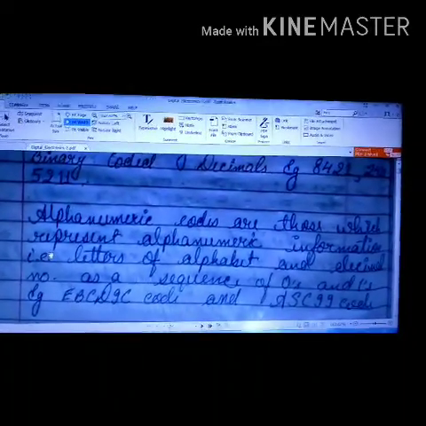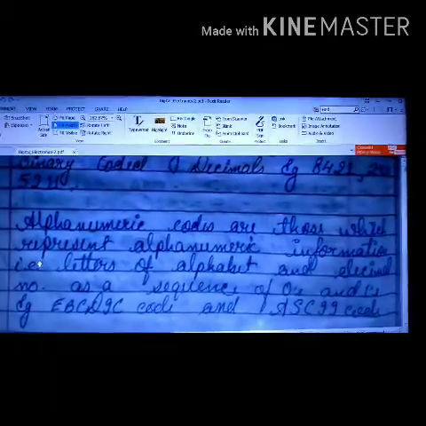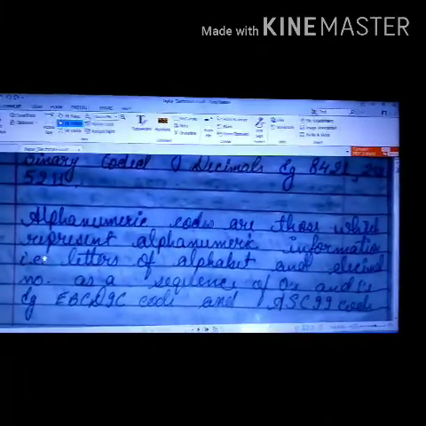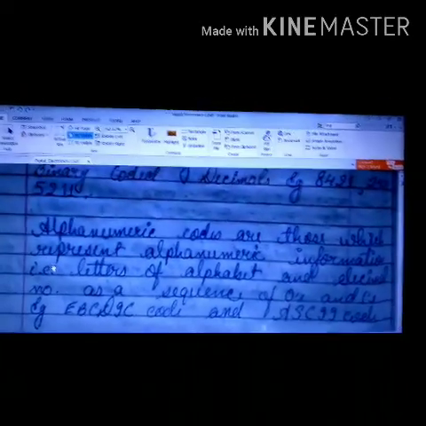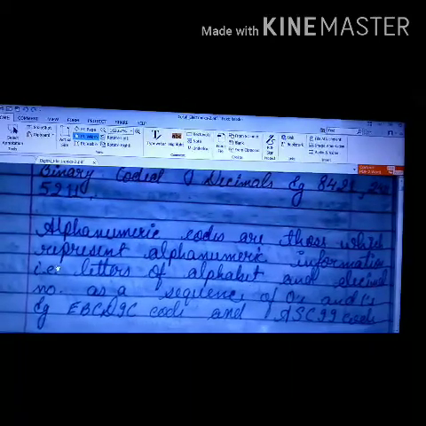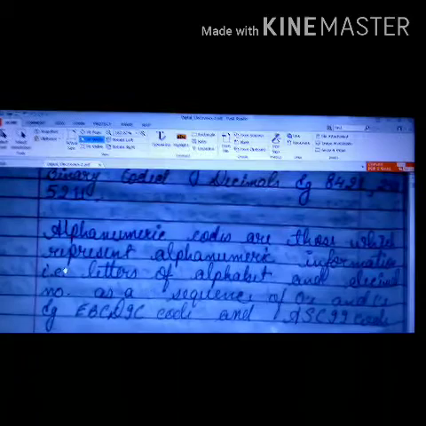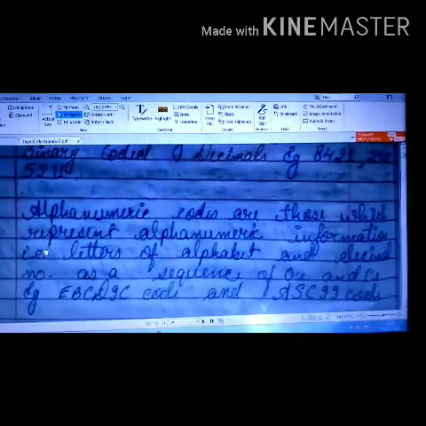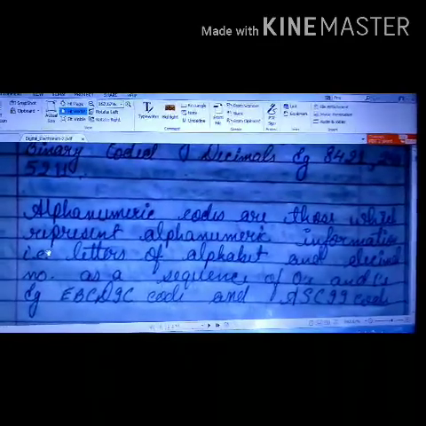Like if we have a keyboard, every key of the keyboard can be represented with the help of ASCII and EBCDIC codes. Even the spacebar has a particular code in ASCII. This is one of the most frequent codes used in information interchange. In fact, ASCII stands for American Standard Code for Information Interchange.